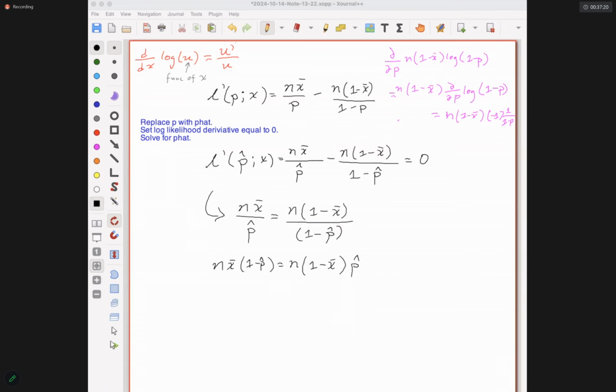Yeah, so how do I get p hat by itself? I've got p hat factored out over here. I need p hat by itself over here.